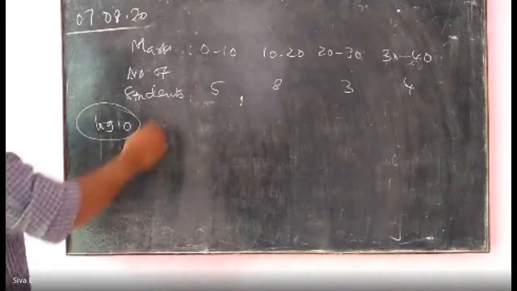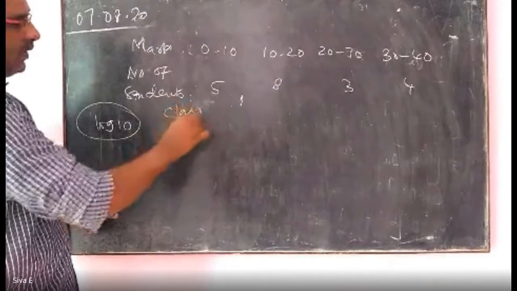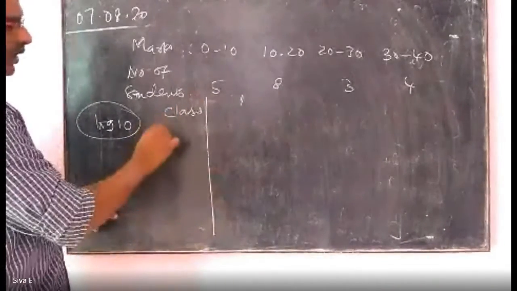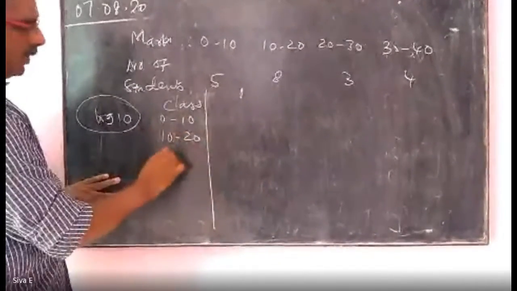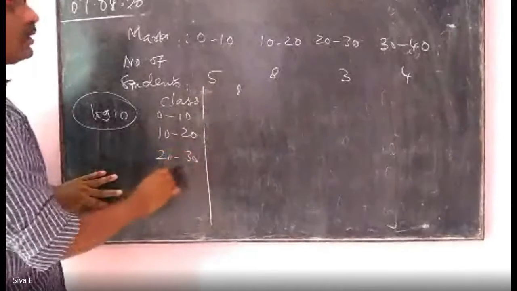First column is class: 0 to 10, 10 to 20, 20 to 30, 30 to 40.